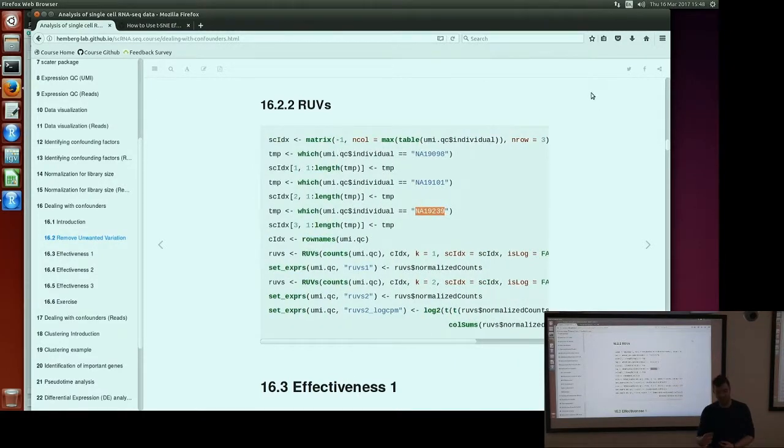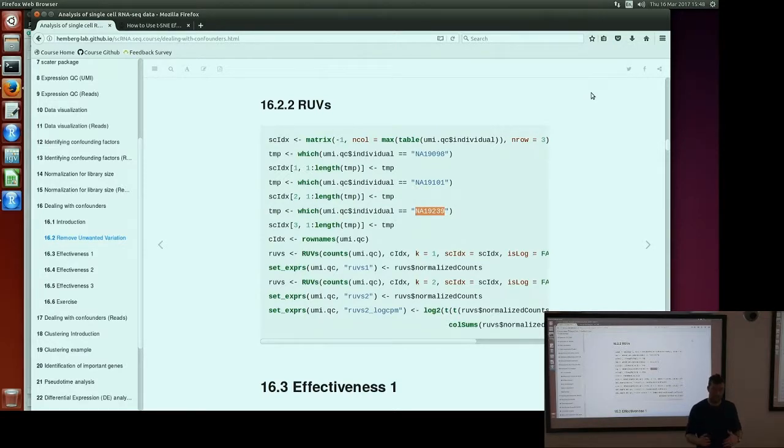So to compare it again to RUVG, in RUVG we're nominating particular genes, and for those genes, we're telling the model variation across cells in these genes is technical variation, because we've defined a particular set of genes as control genes, as genes that shouldn't change in expression except due to technical sources of variability.